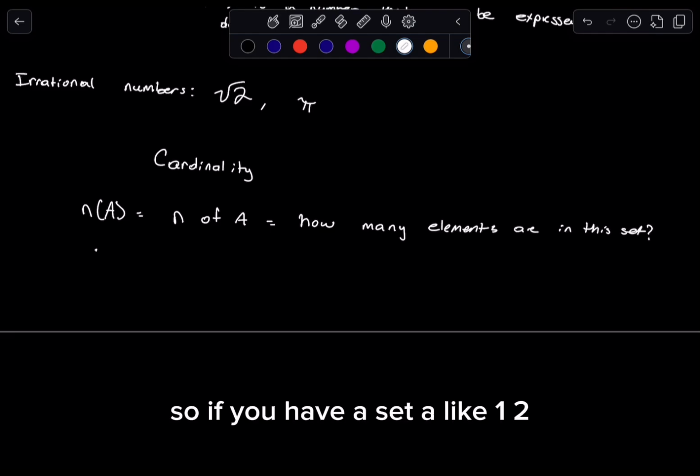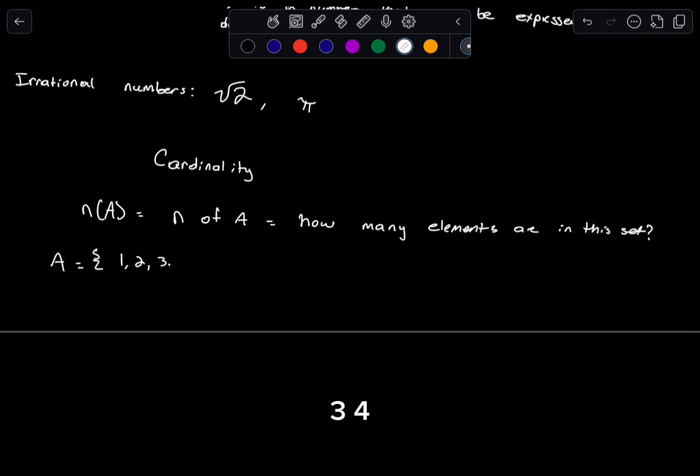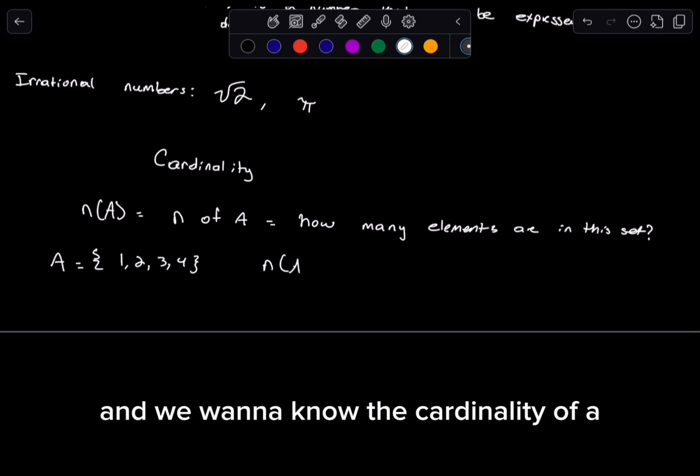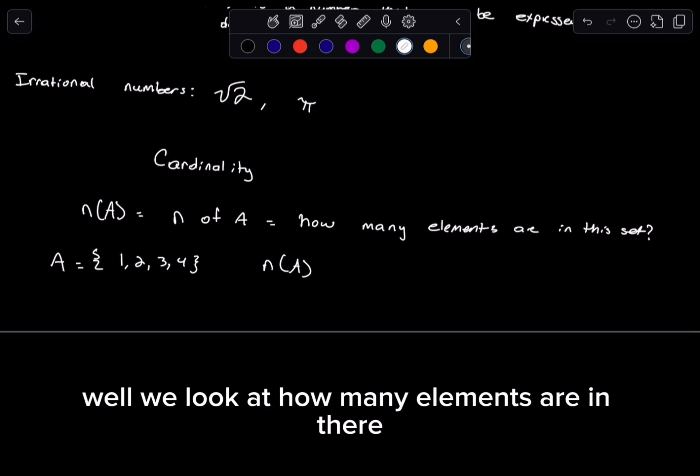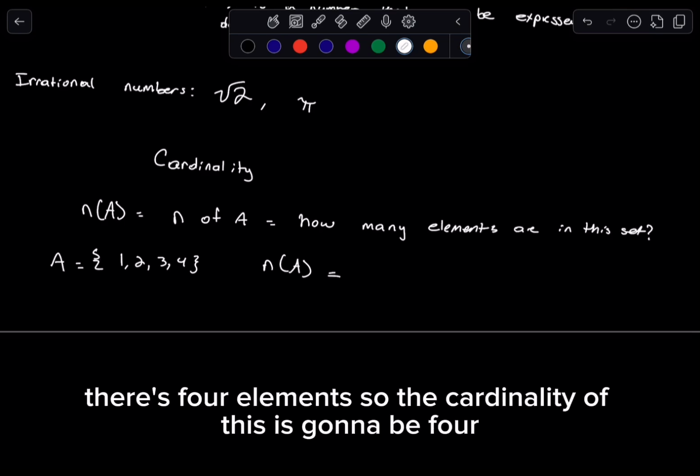So if we have a set A, like 1, 2, 3, 4, and we want to know the cardinality of A, well, we look at how many elements are in there. There's 4 elements, so the cardinality of this is going to be 4.